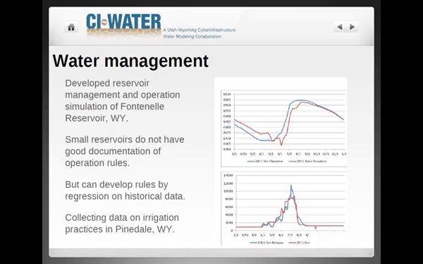This is some of David Rosenberg's work. These are some of the results that Yoshiyuki, who goes by the name Zen, has come up with for observed and simulated releases from Fontenelle Reservoir. On the y-axis is the water level. On the upper graph, it's the water surface elevation.